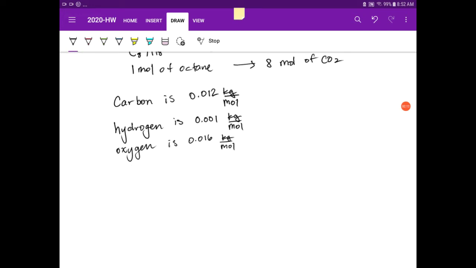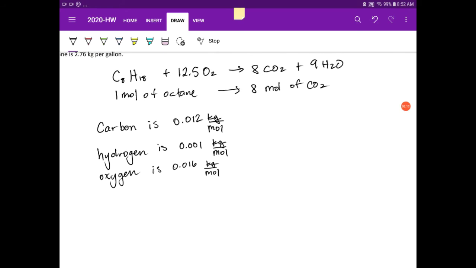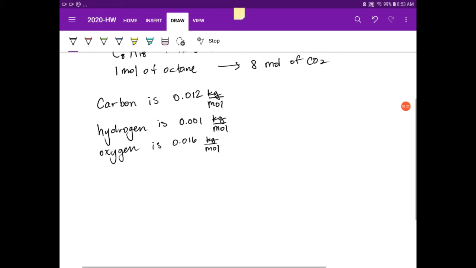And so then I just need to figure out for each of these molecules, the octane and the carbon dioxide, what their molecular mass is. And so C8H18 is going to have a mass of 8 times the carbon plus 18 times the hydrogen.